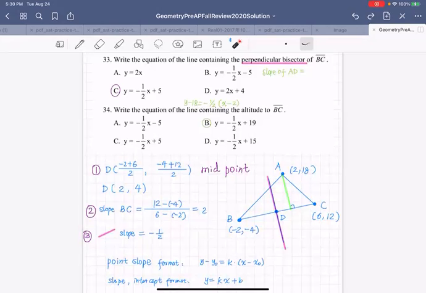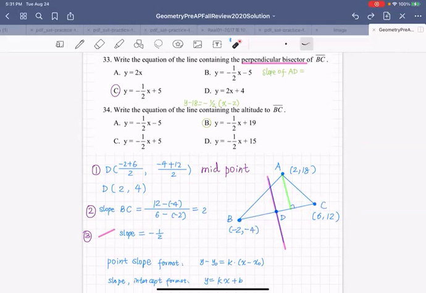Step 3 is the slope of the line, the pink line. And then because they are perpendicular, their slope product is -1, right?